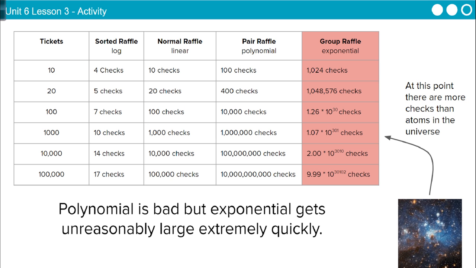And these numbers right here, I don't know if you can even put your brain around it, but at this point there are more checks than atoms in the universe. Right here. And that's just to do 1,000 tickets. Okay, so 1 million checks for a pair raffle for 1,000 tickets, it's more atoms in the universe. So we can see why exponential is getting way too big, way too fast.